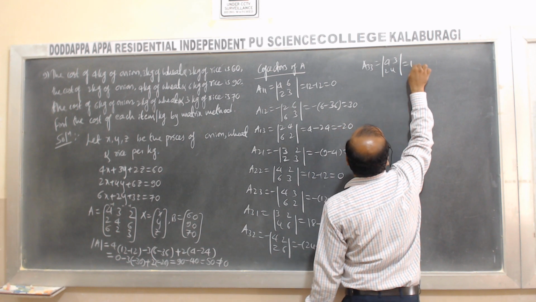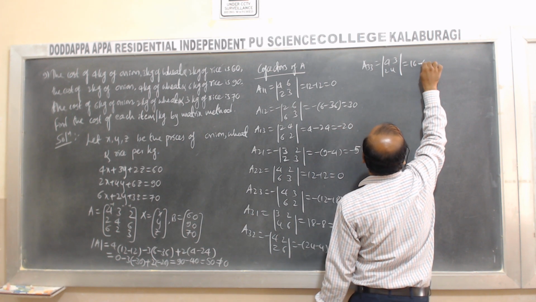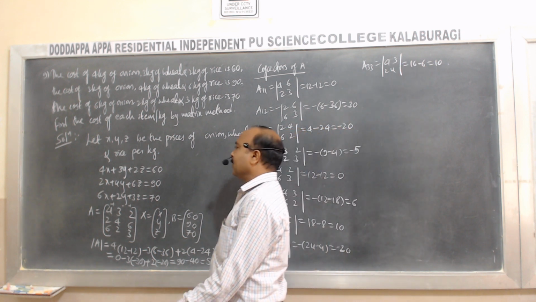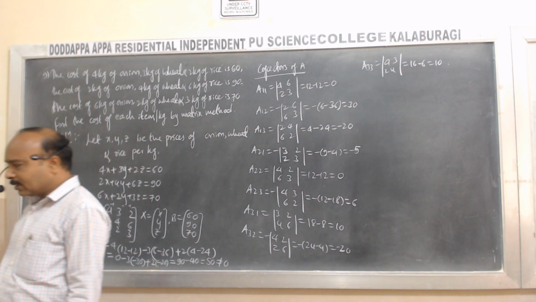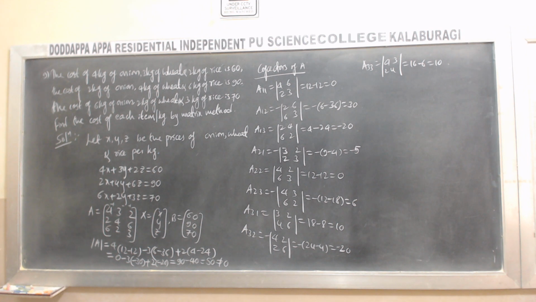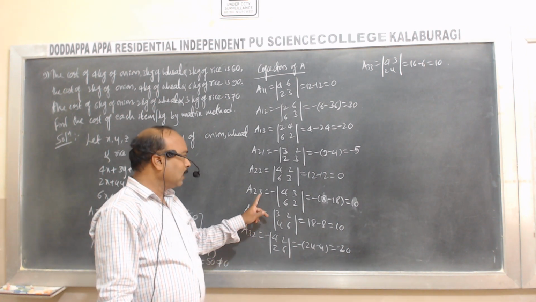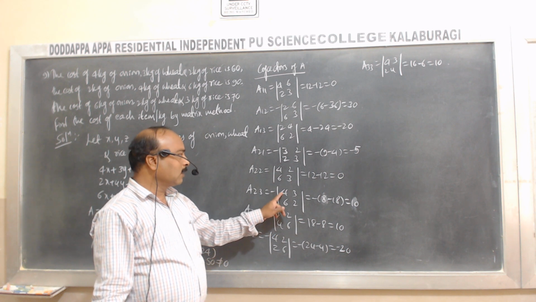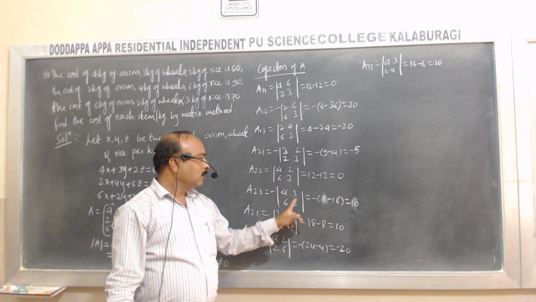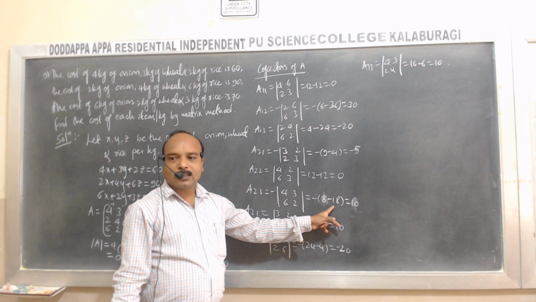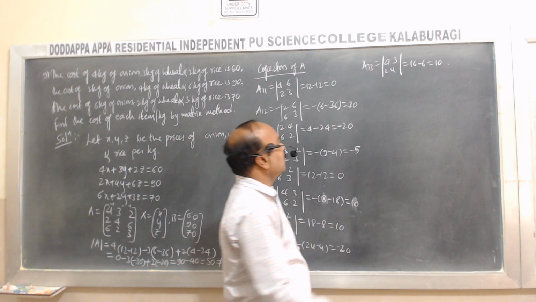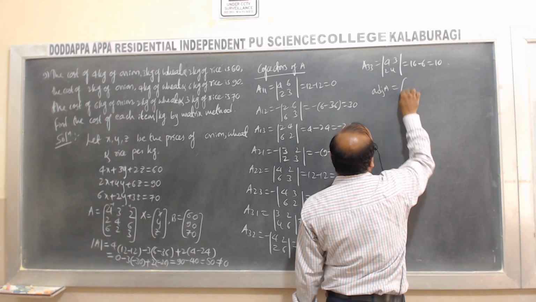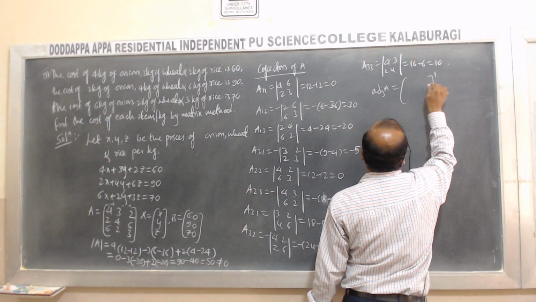So it is 16 minus 6, it is 10. So these are cofactors of the square matrix. Now here A23 is minus of 4, 3, 6, 2, it is minus of 8 minus 18, that is equal to 10.